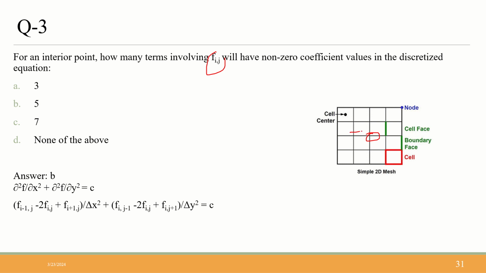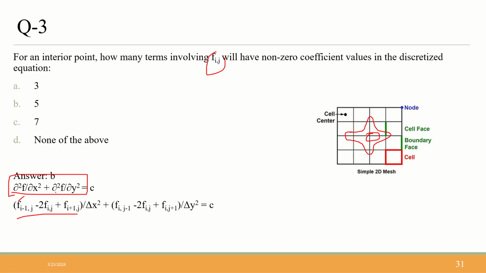If you remember, in central difference we will have something like this when discretizing ∂²f/∂x² and ∂²f/∂y². With respect to the x domain, we have f(i-1,j) - 2f(i,j) + f(i+1,j), that is 1, 2, 1, divided by Δx². This is the second order accurate central difference scheme for ∂²f/∂x².